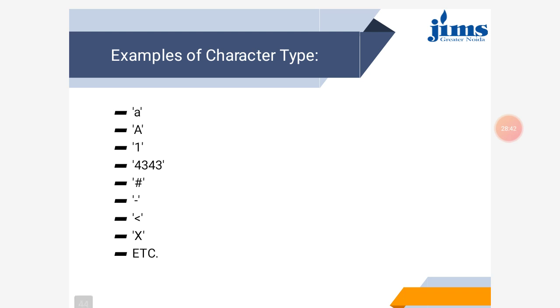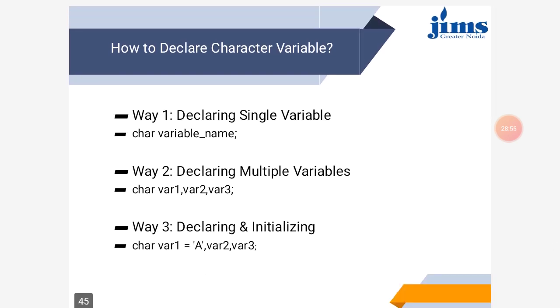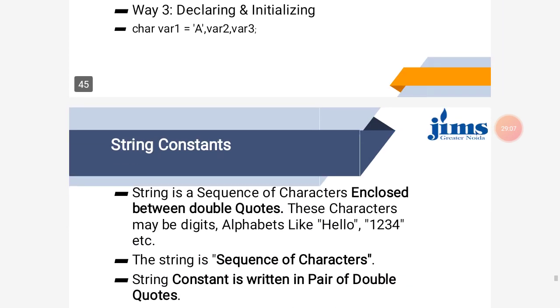If you are writing any number or values or symbols, you simply mention single quotes, and that will be treated as a character constant. In variable names you can use underscore, but space is not allowed.